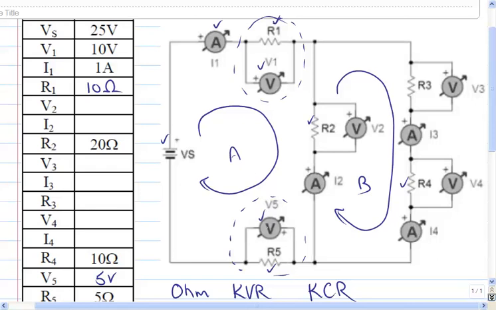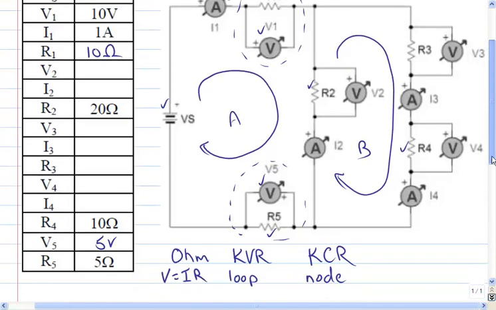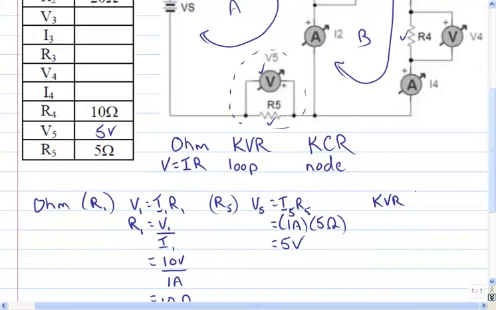If I know the source voltage, the voltage drop across R1, and the voltage drop across R5, the one that's missing in here is V2. So I can use the voltage rule to say that the sum of all the voltages in loop B is 0. So I know that Vs plus V1 plus V2 plus V5 equals 0. Sorry, that's an S, not a 5.